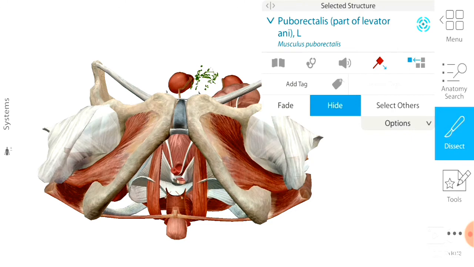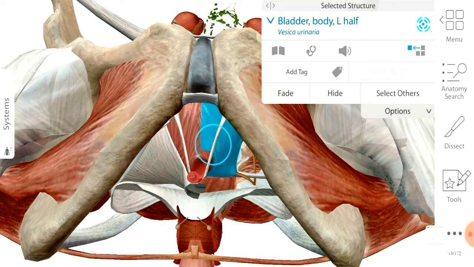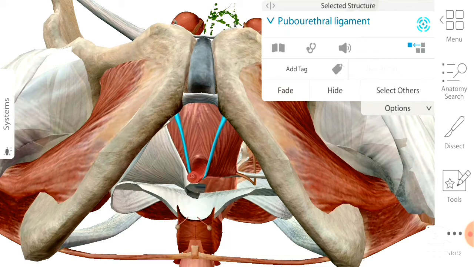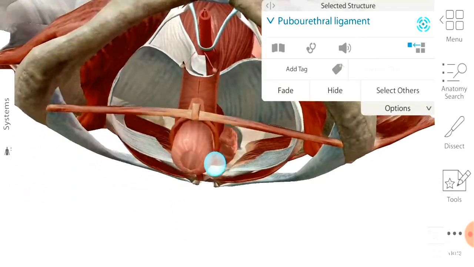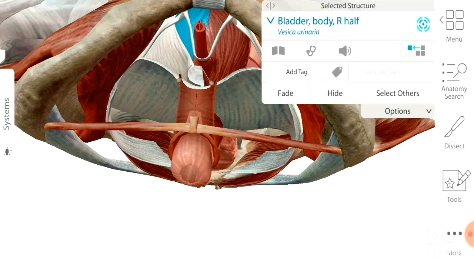I'm going to dissect first the ischiocavernosus muscle on the inferior, and bulbospongiosus on the inferior itself, and vestibular bulb, the lateral bulb, and corpus cavernosum on the inferior side, labia minora on the inferior side, prepuce hood of the clitoris, and the vestibule of the vagina, and perineal membrane.